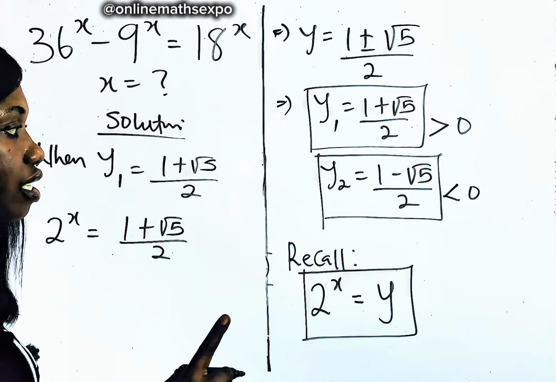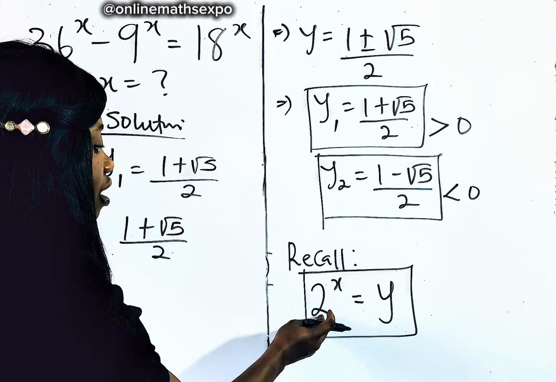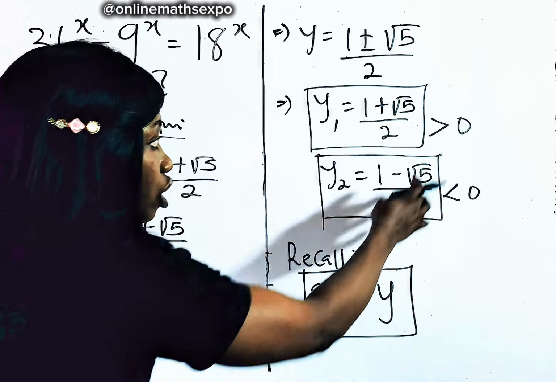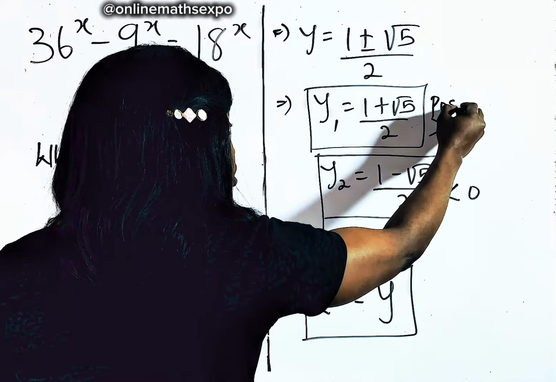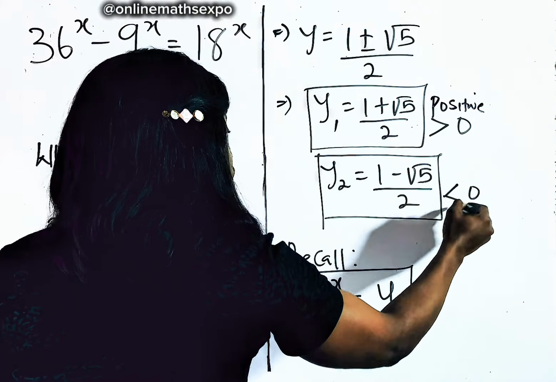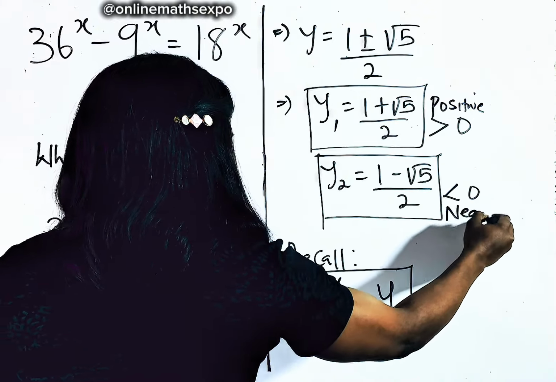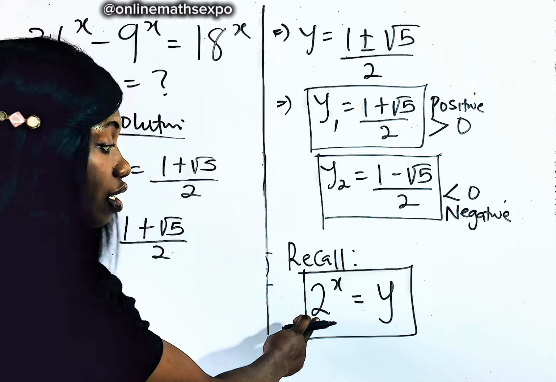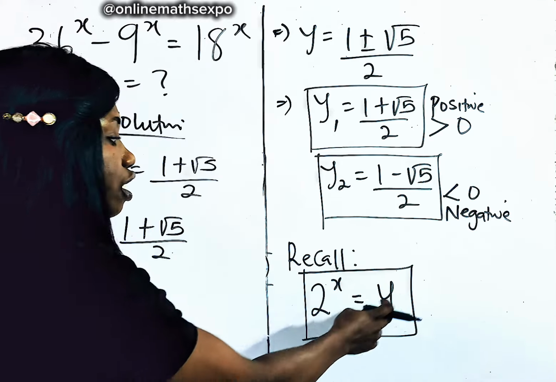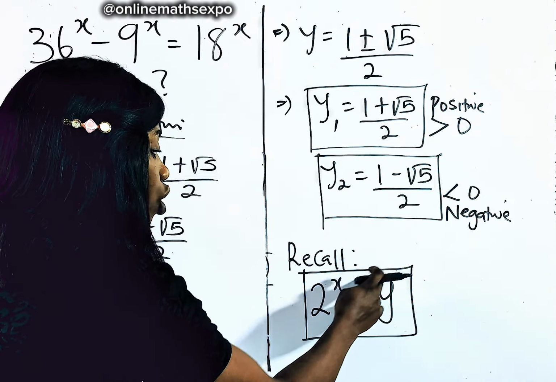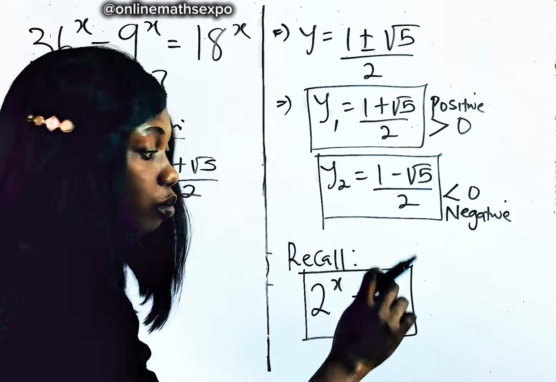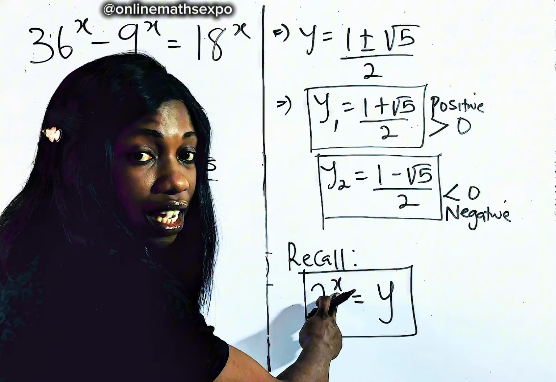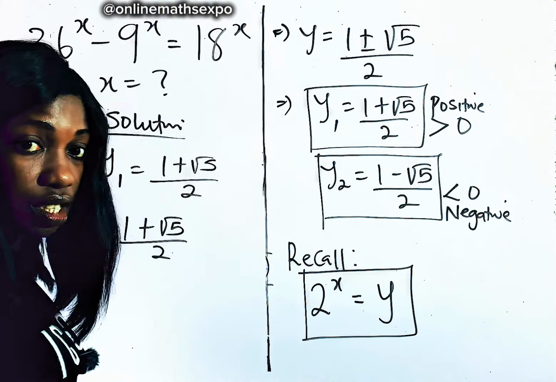So what it means is that you observe that the base we have for this is 2, and 2 is positive. This means positive, and this one means negative. And if the base we are working with is positive, it means that the value of y we should have here should also be a positive value, because you cannot have a positive value you can raise to a power of any x value to give you a negative result.